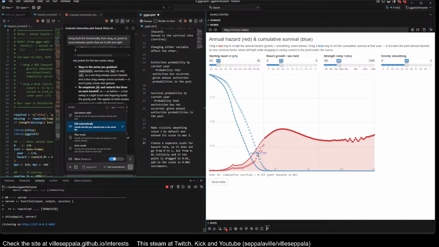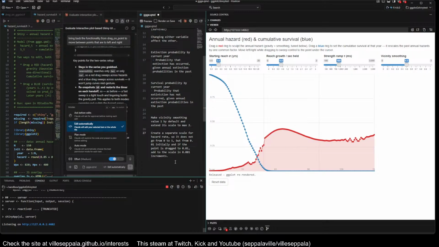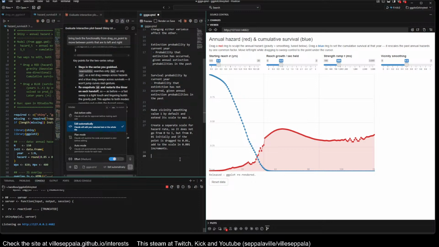It seems that all the changes in the survival rate are kind of instant. I wonder if this, I could ask.